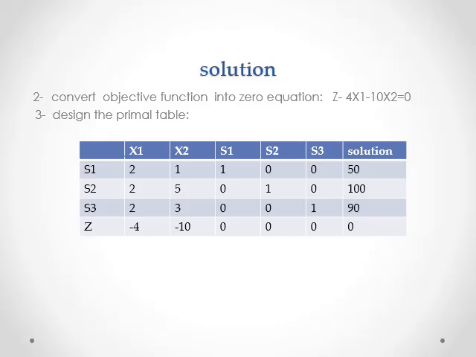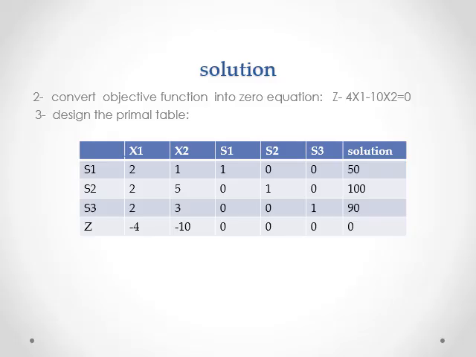So we pushed the 4x1 and 10x2 to the left side and we got z minus 4x1 minus 10x2 equals 0. This is a zero equation.